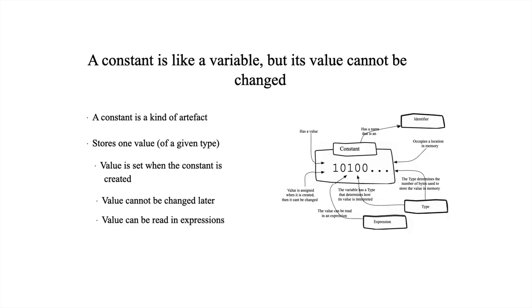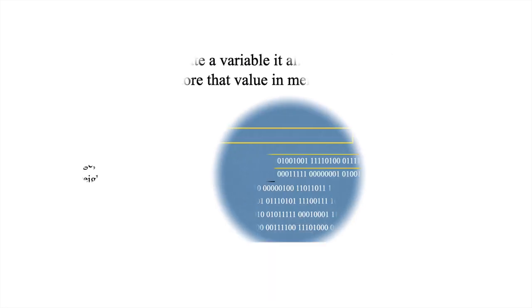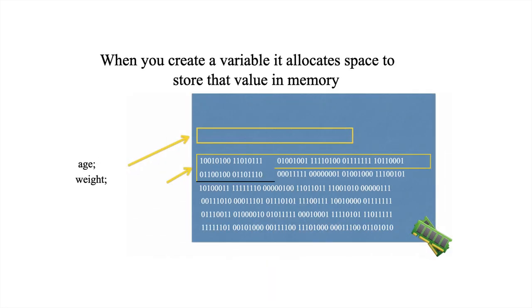A constant is like a variable, but its value cannot be changed. It's basically a memory location where you store the value, and when you try to change it, it wouldn't let you change. When you create a variable, it allocates a space that stores a value in the memory, and it gets stored in 1s and 0s.